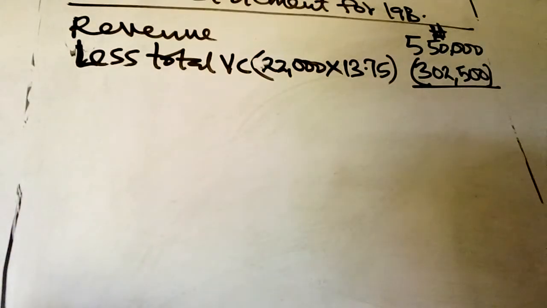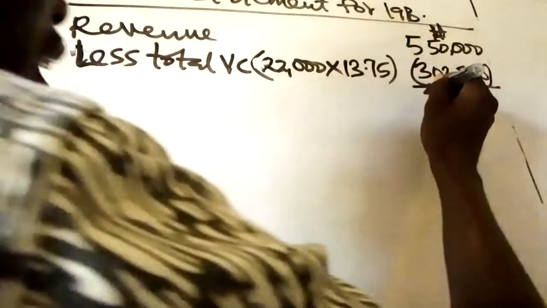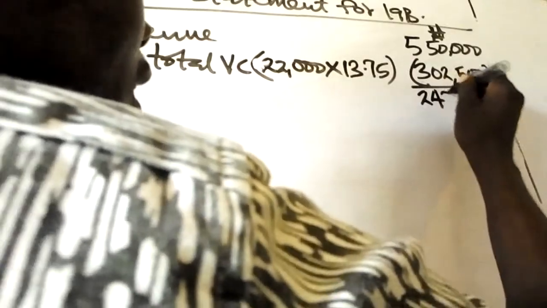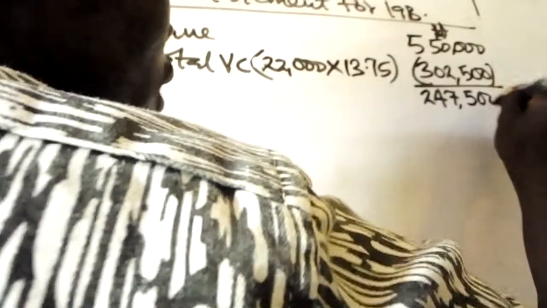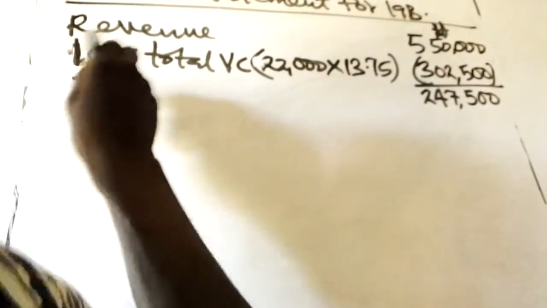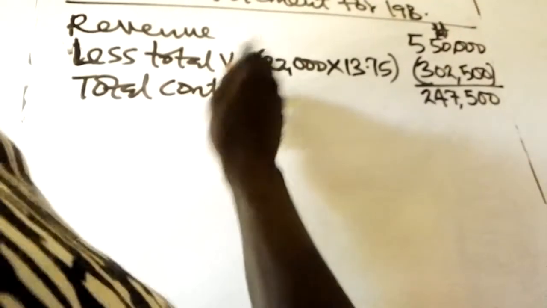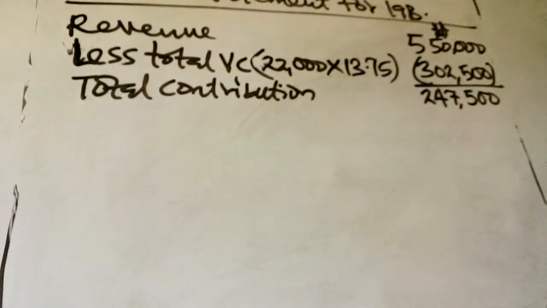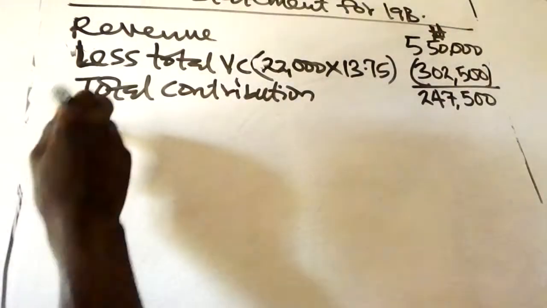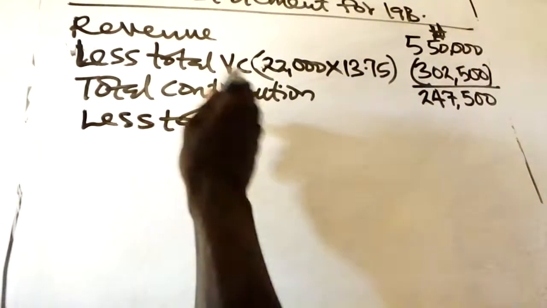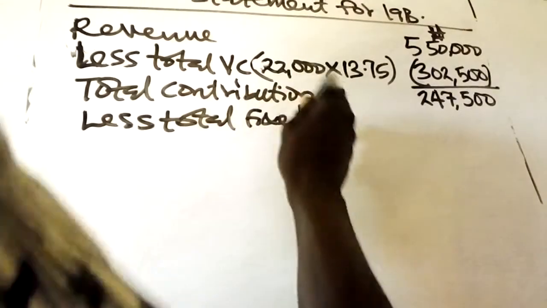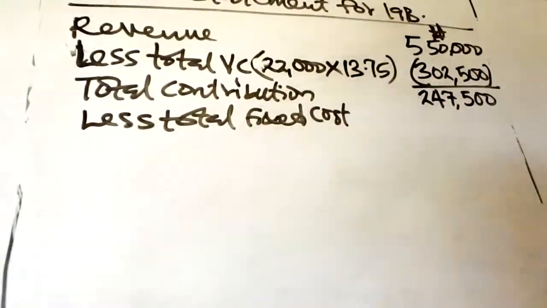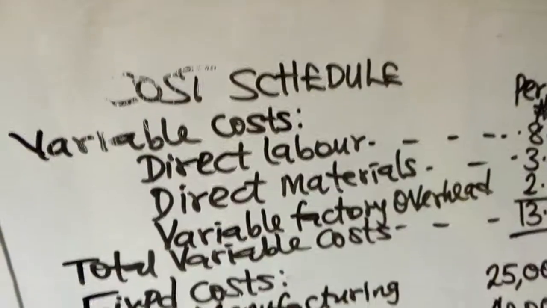When you less that from 550,000, that will give us 247,500. That is total contribution. From total contribution, you less total fixed cost. The total fixed cost still remains 135,000.